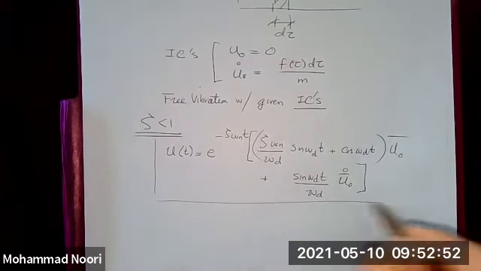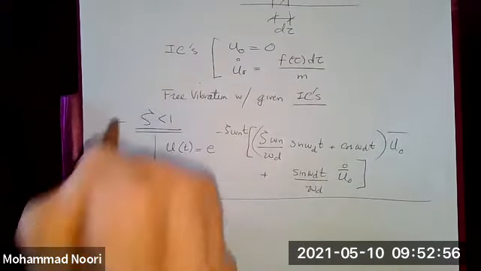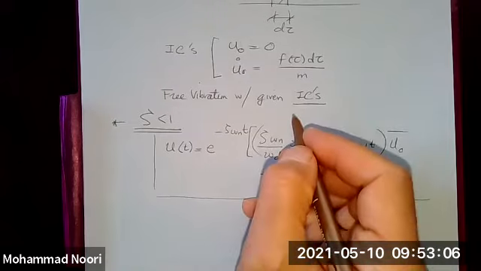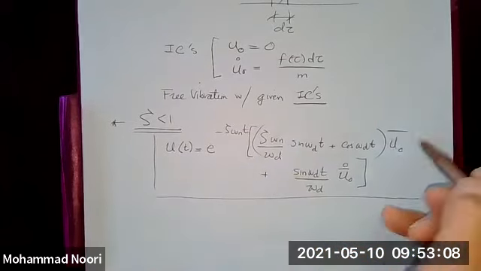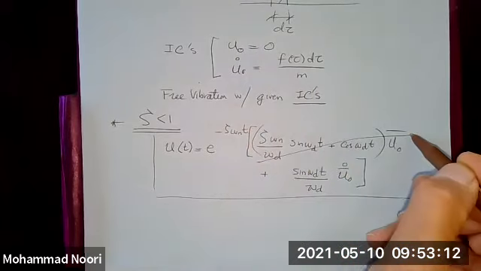This was a general formula we derived. If you go back to your notes, for an underdamped system, this was the response of a free vibration of an underdamped system due to initial conditions. But this is zero because of the initial conditions we have, so we don't have that term.